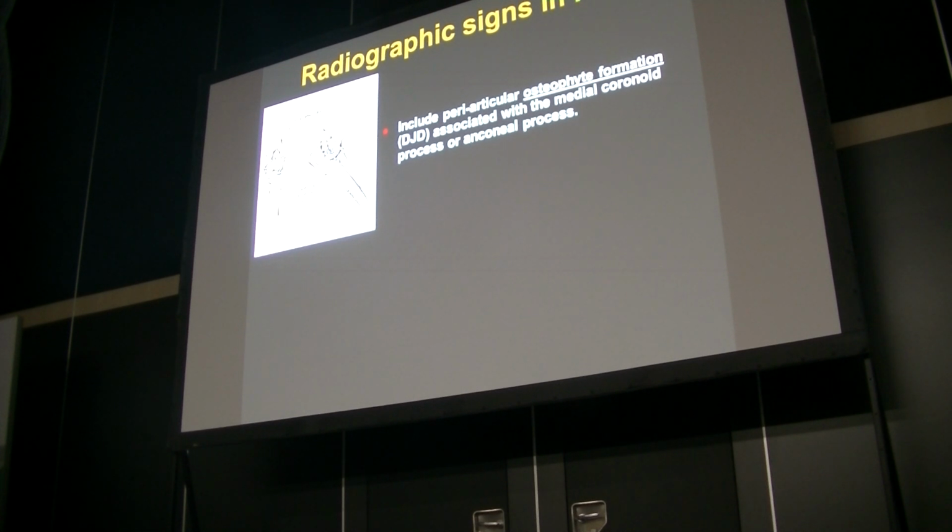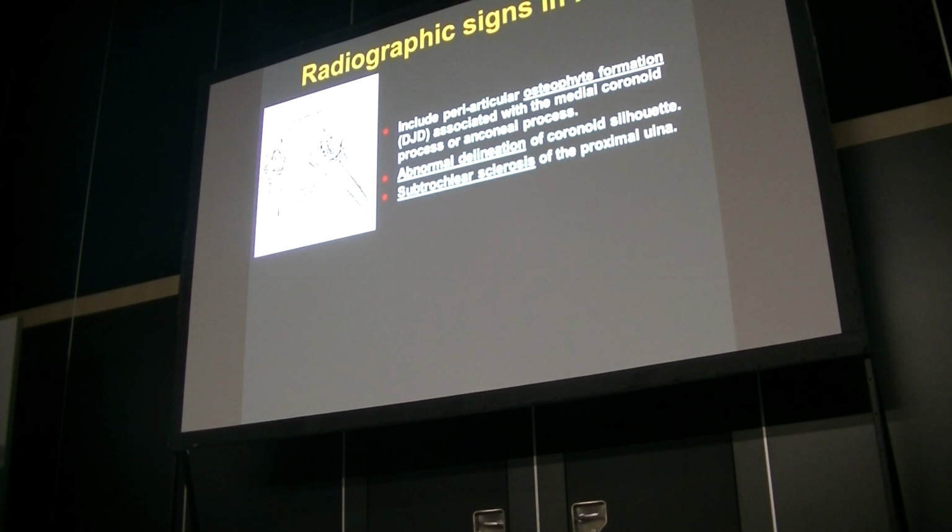So Professor Hazewinkel went in detail yesterday about the osteophytes formation within the elbow joints at the specific places in the elbow where osteophytes and arthrosis occur. Also, as secondary, we look to the abnormal or normal delineation of the coronoid silhouettes, and we look to the subtrochlear sclerosis of the proximal ulna. And this is a difficult one, as it's quite subjective, the interpretation of the incidence of sclerosis.